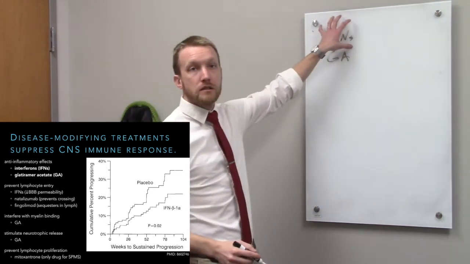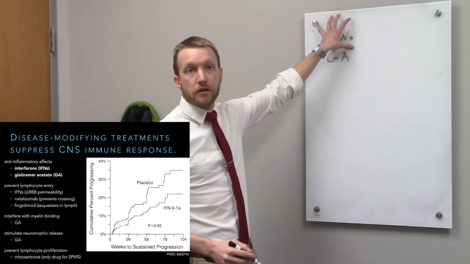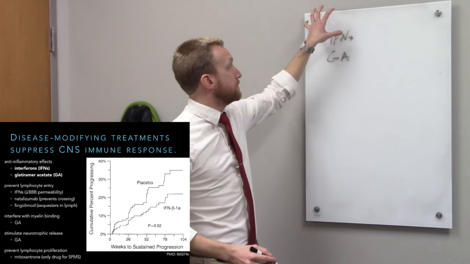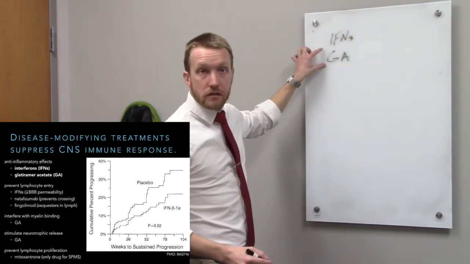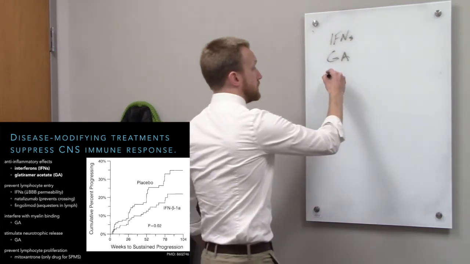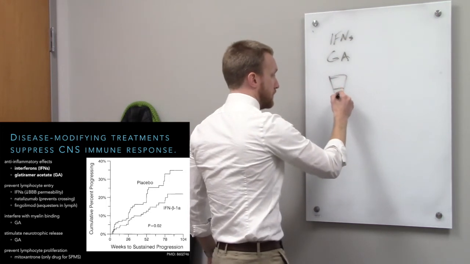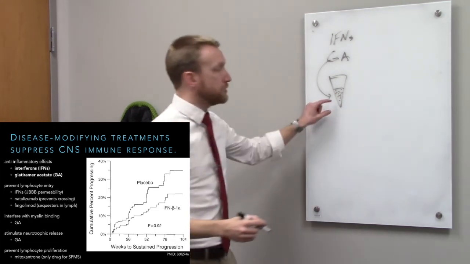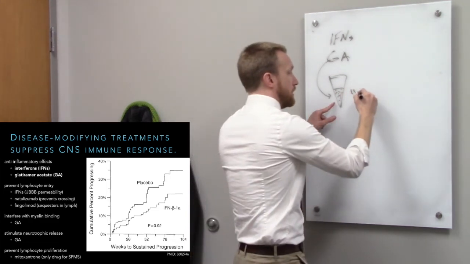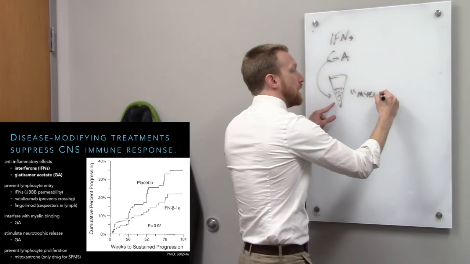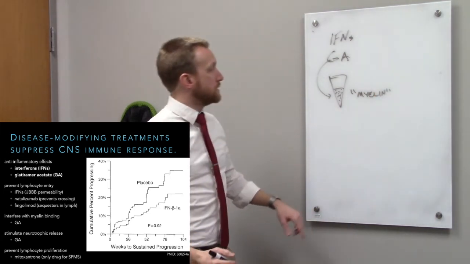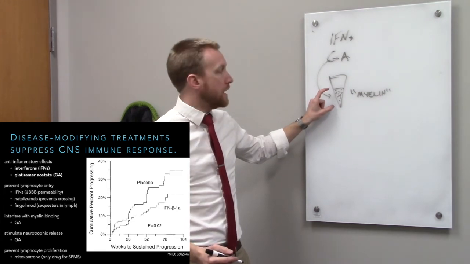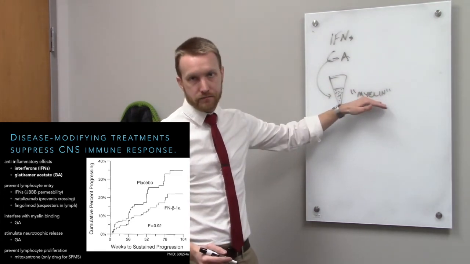So interferons are simply going to stimulate anti-inflammatory signaling. This glatiramer acetate, what you should think of this as, is just a whole bunch of little proteins in there, a solution of proteins that look a whole lot like myelin. So it's just a random assortment of peptides that mimic myelin proteins.